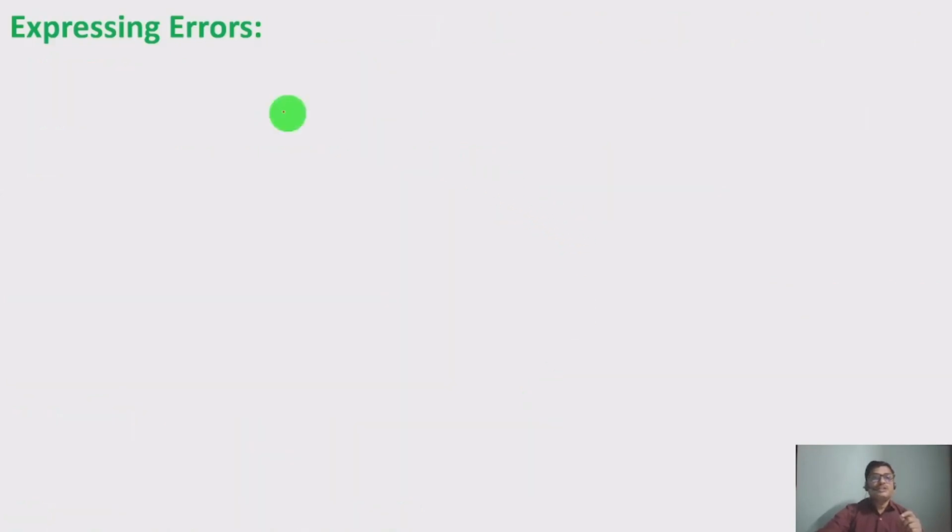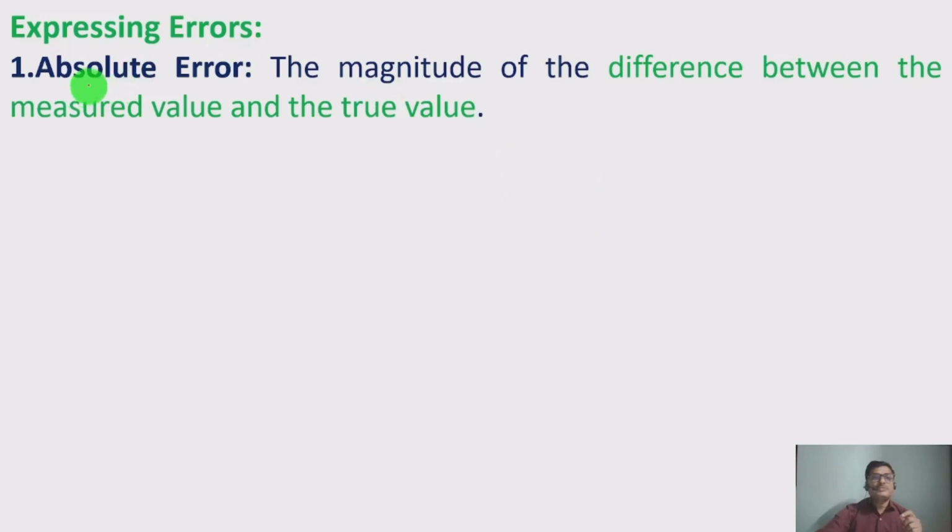Then moving further, expressing the errors. How can these errors be expressed? The first one is expression in the form of absolute error. The absolute error is the magnitude of the difference between the measured value and the true value.